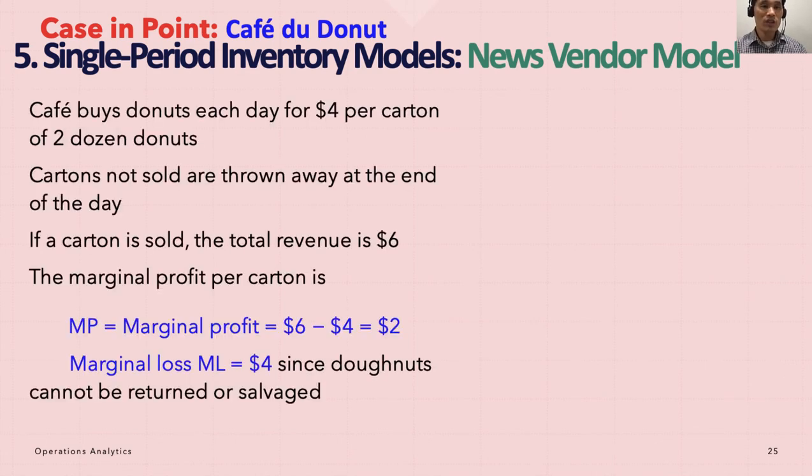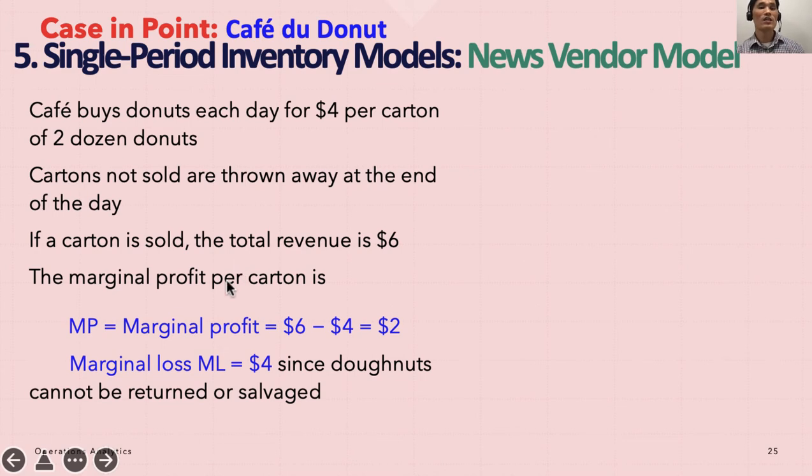Cafe du Donut. This cafe buys donuts each day for $4 per carton of 2 dozen donuts. So one carton includes 2 dozen donuts, and you pay about $4 for that carton. Cartons not sold are thrown away at the end of the day because it is a perishable product. If a carton is sold, the total revenue is $6, so you have $2 of profit.